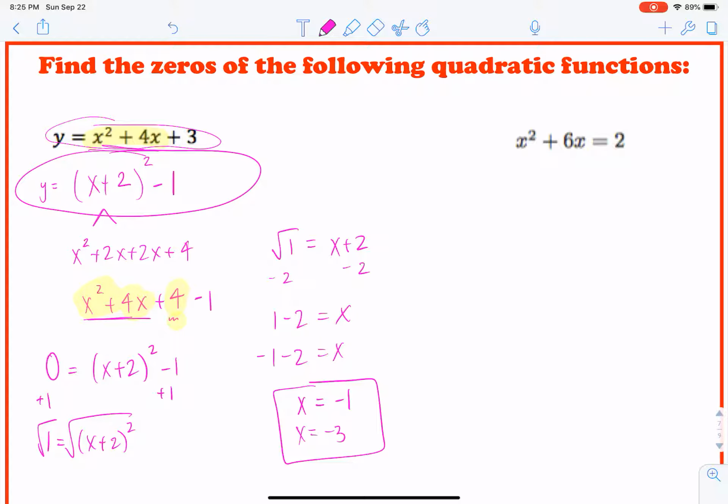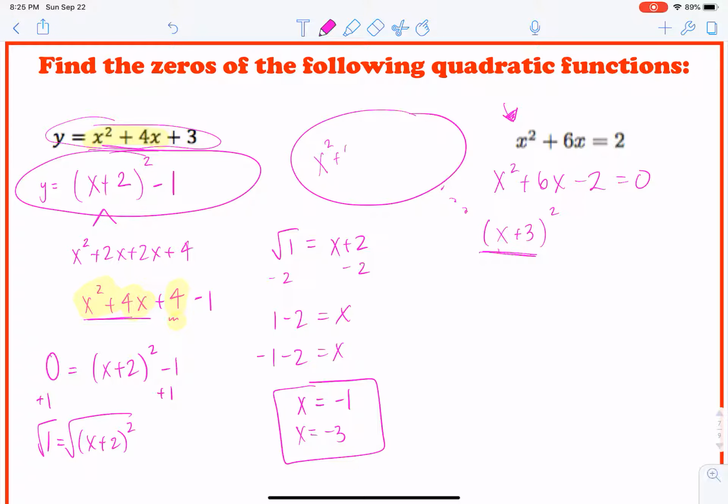So let's complete the square for this piece over here and then go ahead and find the zeros of the function. So I have x squared plus 6x minus 2 is equal to 0. And I want to go ahead and start my perfect square with x plus 3. Off to the side here, I know that this is really x squared plus 6x plus 9.